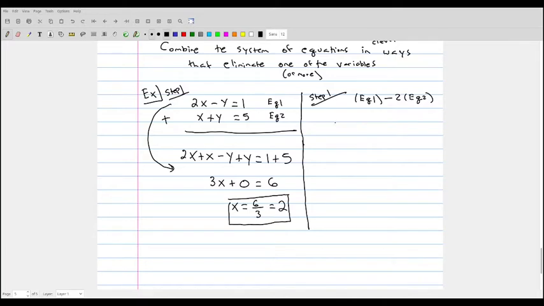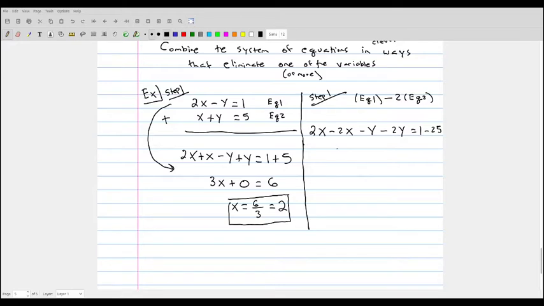I'll get 2x from equation 1 minus 2x from equation 2. I get minus y from equation 1 minus 2y from equation 2 on the left hand side, and that has to be equal to 1 minus 2 times 5.